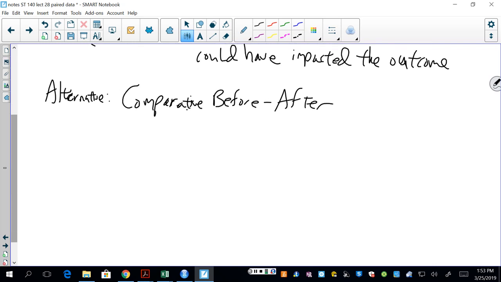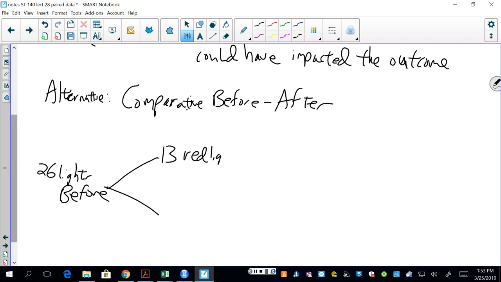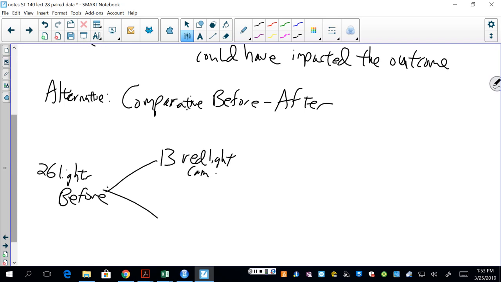So let's say you had 26 lights where you have concerns, and you flip a coin. Well, you measure them all before, right? And then you flip a coin, and 13 of them get the red light cameras, and 13 have no change.